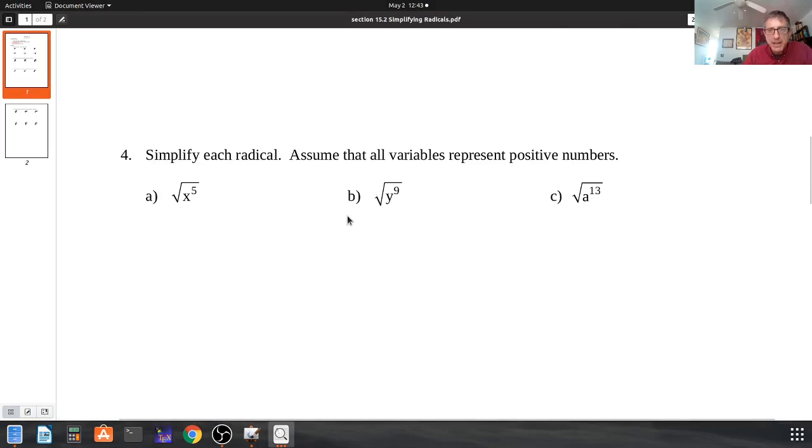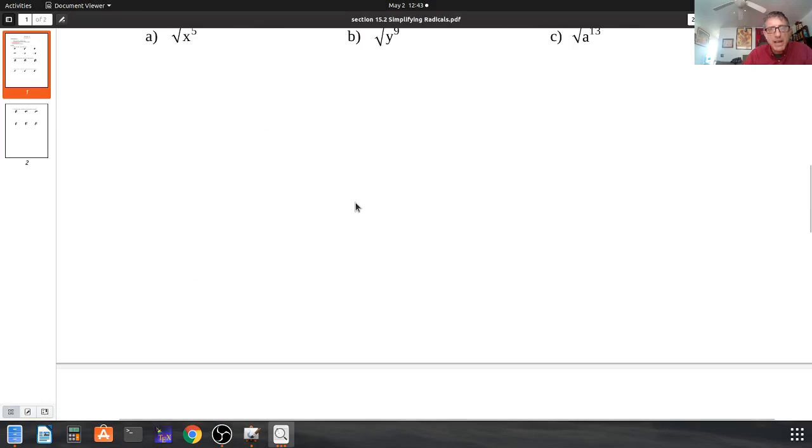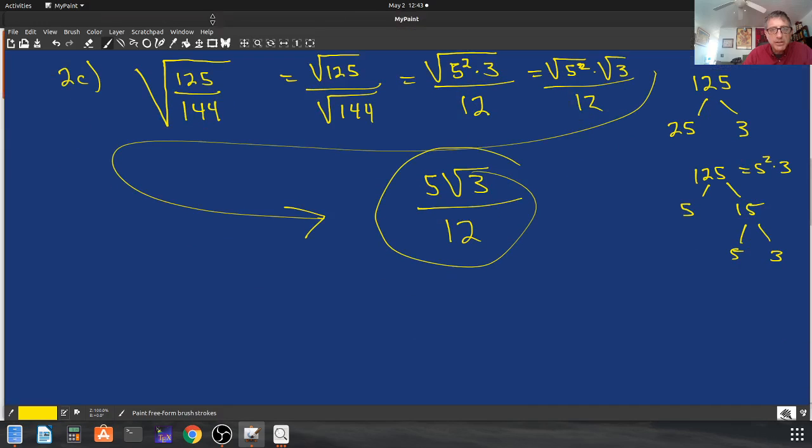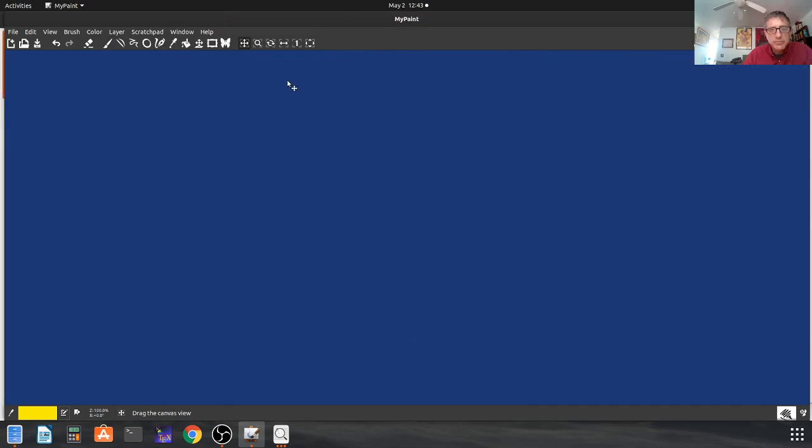Okay, simplify each radical. Now we have a new rule because look, these radicals aren't raised to an even power. They're raised to an odd power, but it's going to be really simple. Let's look at an example before we go there.